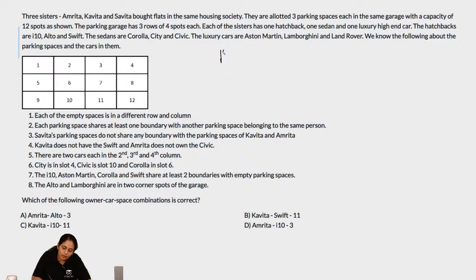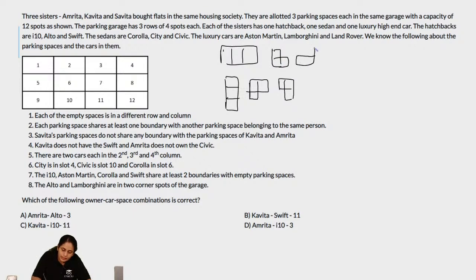So the 3 blocks, the 3 spaces can be either along the same row or along the same column, or they can be L-shaped like this. 1, 2, 3 or 4. These 6 shapes represent the only way in which the blocks can possibly be there for the 3 sisters.